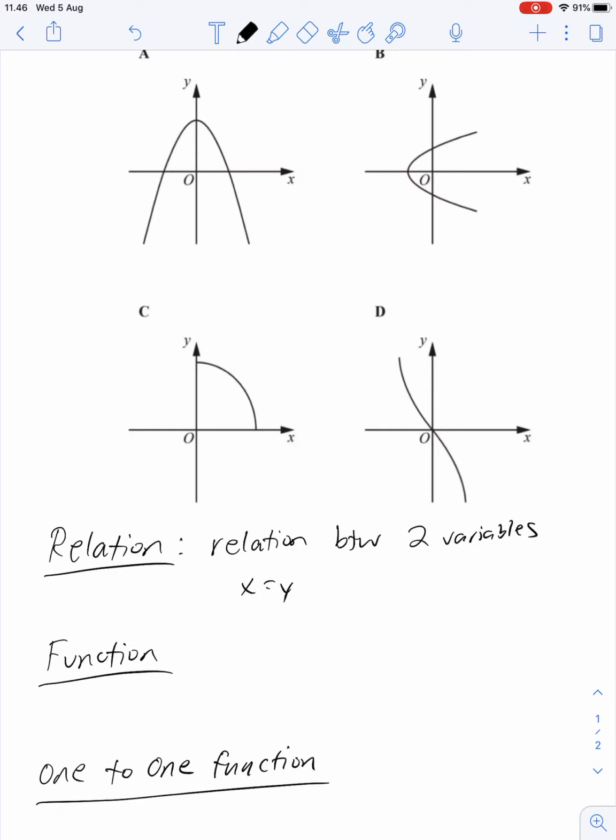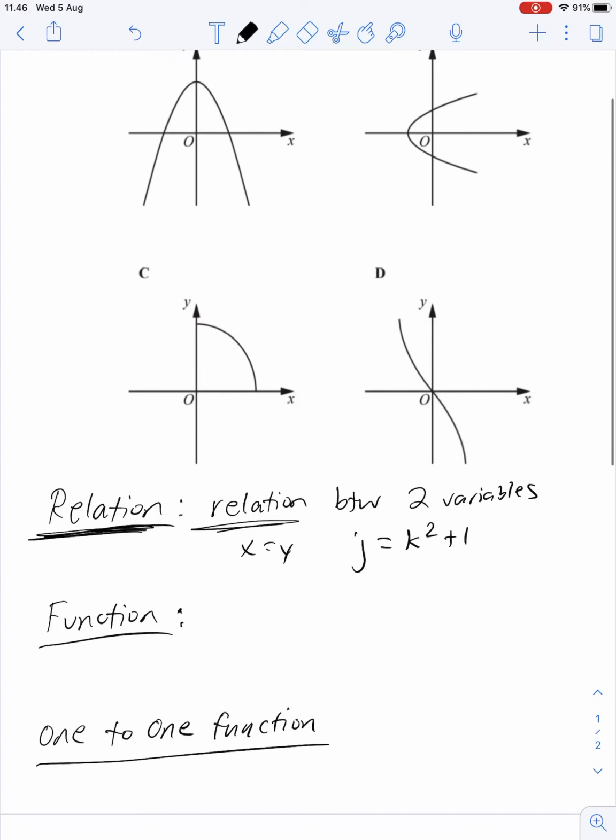X equals y, right? J equals k squared plus 1, and so forth. That's all a relation is. Basically, it's just a relationship. Okay? Two variables.